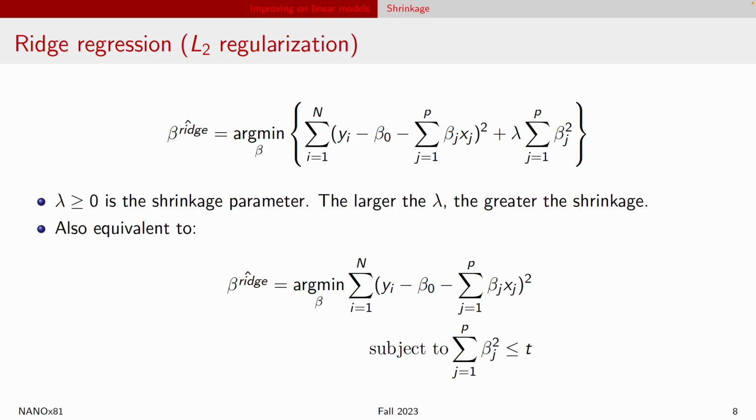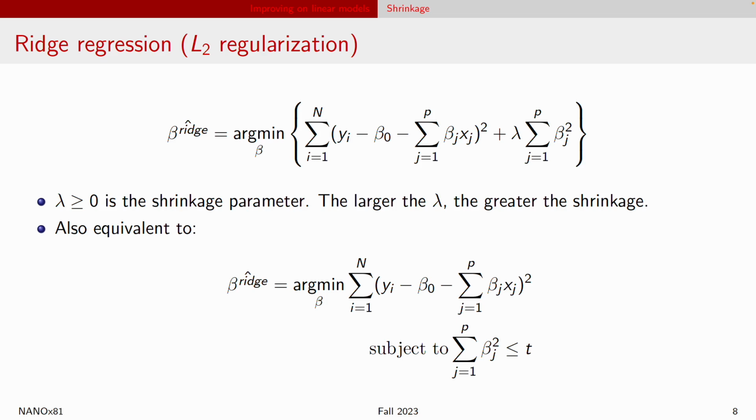Okay, so the easiest way to understand a shrinkage method is through the ridge regression method. Let's say you are trying to fit a linear regression model. Typically when you try to fit a linear regression model, you use the least squares, the residual sum of squares, as your loss function, right? So this is this very first term right here.